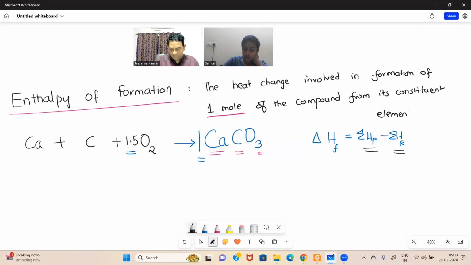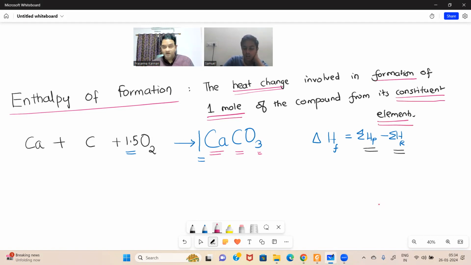This is very important. This is the definition. The important points here are that it's the heat change in formation of 1 mole, from its constituent elements.